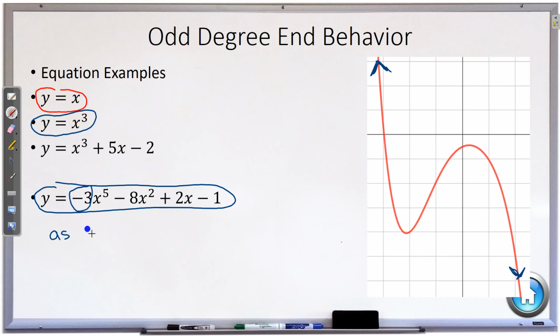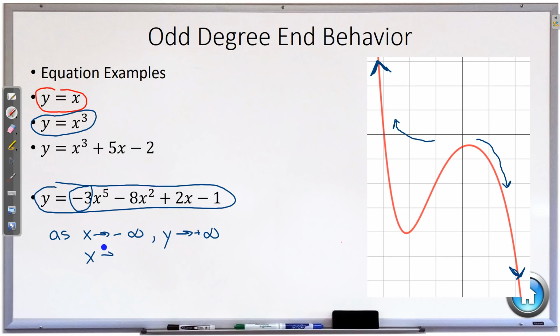So first we're going to go to the left as x approaches -infinity. That is going to the left. So in that case, our y values are going up, so our y values are going towards positive infinity. And then when we go to the right, that will be this way.